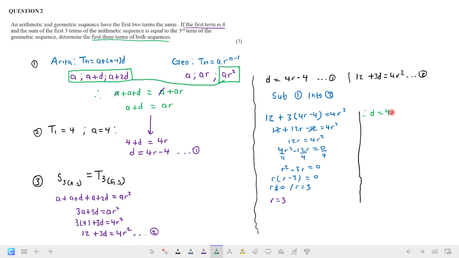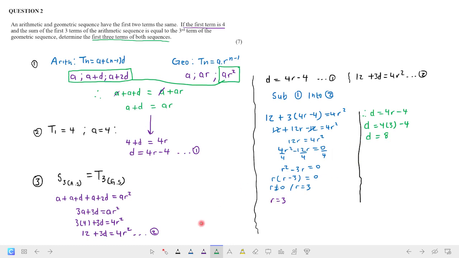So this means D is equal to 4 times 3 minus 4, and then this is 12 minus 4. Now 12 minus 4 is 8, right? So I have my constant ratio as 3, and my constant difference as 8.